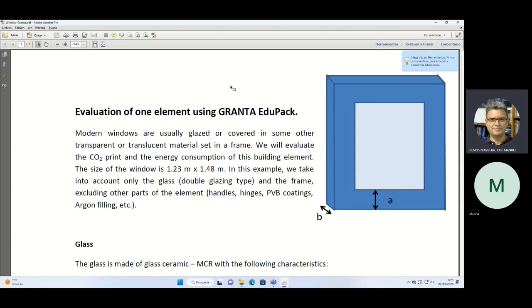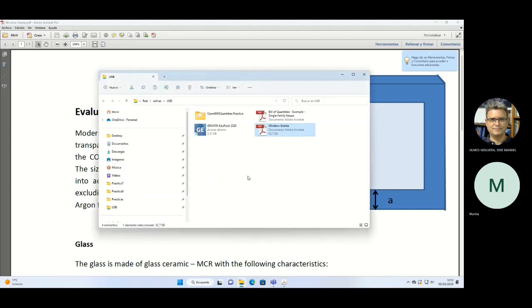We have to take into account that we have handles, hinges, coatings, argon filling in the window, rubber, but we are just going to omit this part and talk about the main materials that are the frame and the glass.